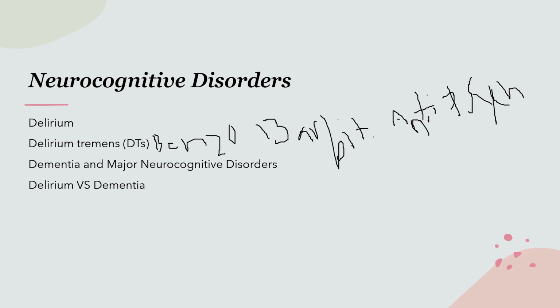Typically DTs are deadly and caused by substance use. So delirium, the onset of delirium is going to be very rapid and acute. It can onset within hours, whereas dementia is going to be a slow, gradual process.